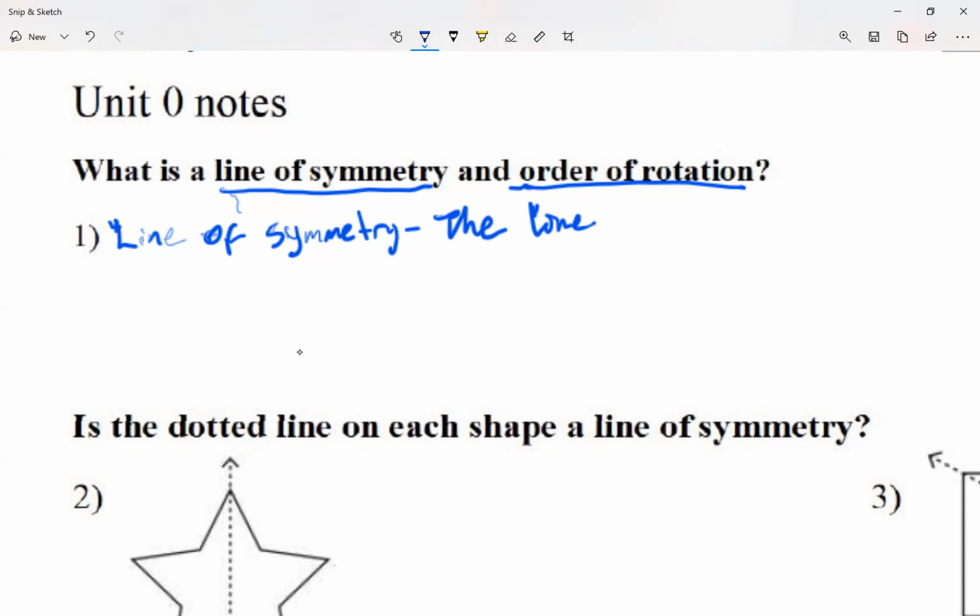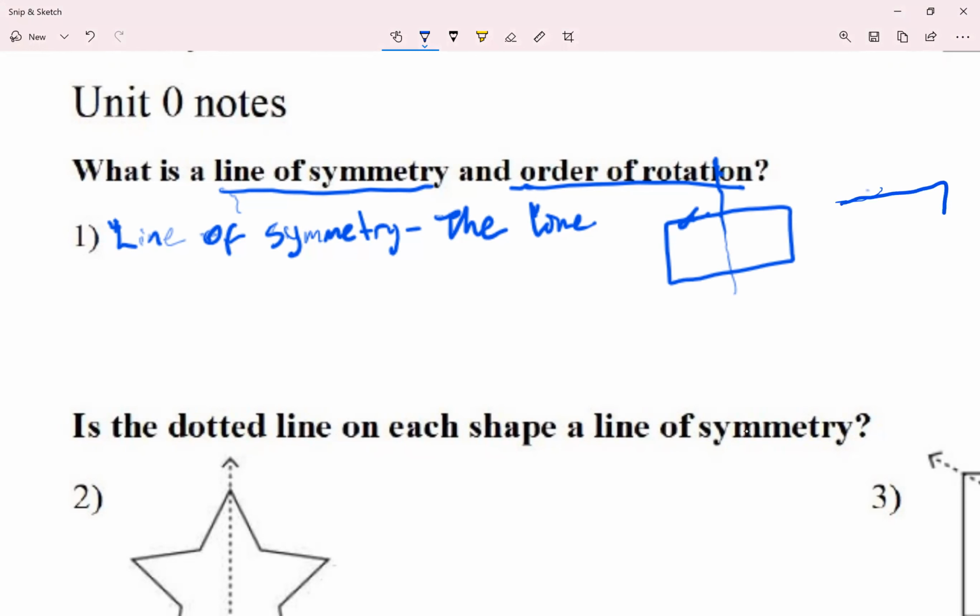What do I mean with that? Let's say I had a rectangle. And in my rectangle, I have a line right here in the middle. My line of symmetry is going to be reflecting one side onto the other. Now, let me give you an example of something that is not a line of symmetry.